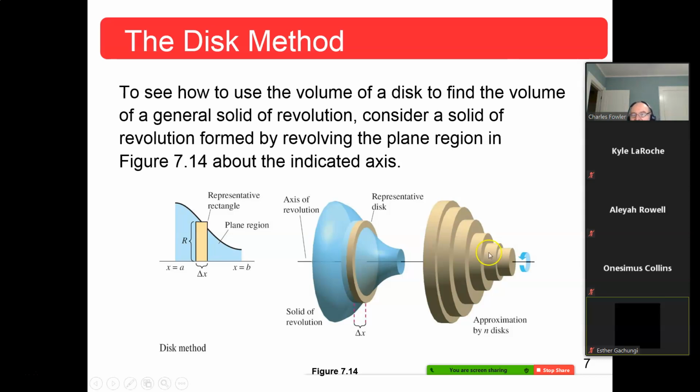And then the summation of the volumes of these disks becomes an integral from x equal a to x equal b of pi times f of x, your radius, squared, times dx, because delta x was the thickness. If you take the limit, it goes to a dx.